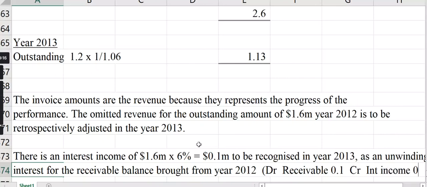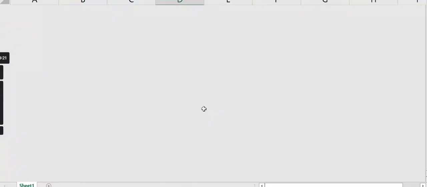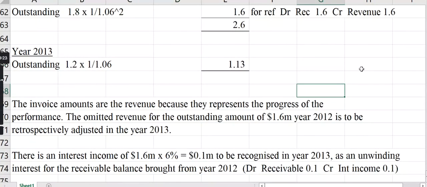So the double entry is only for your reference. If you don't show them in the exam, that's also okay. It's only for reference.